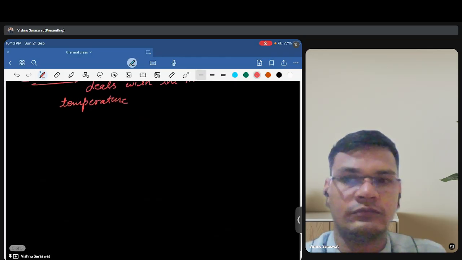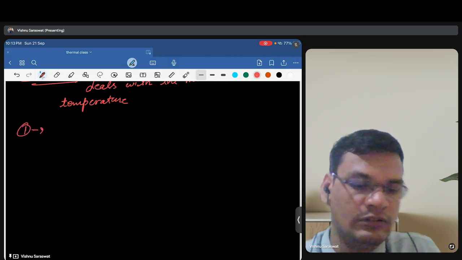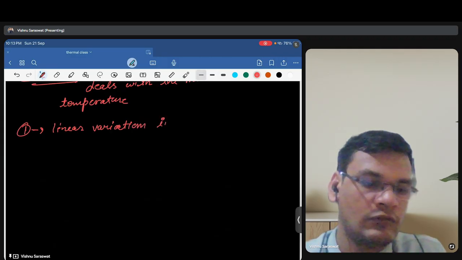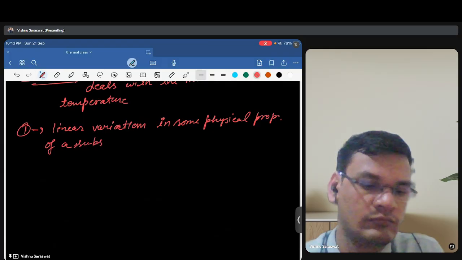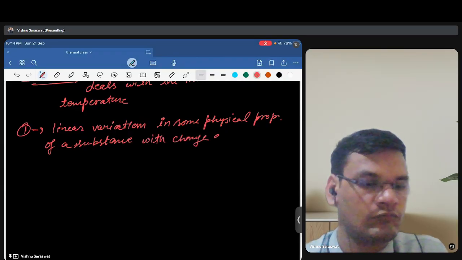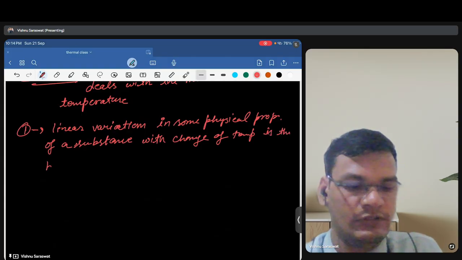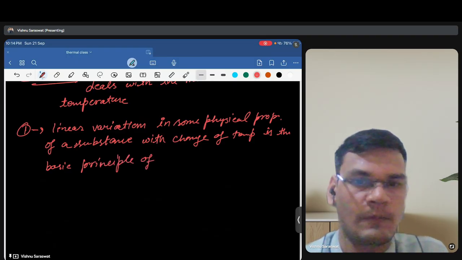You can write it down, the thermometric properties of the substance. The first point: linear variation in some physical properties of a substance with change of temperature is the basic principle of thermometry.